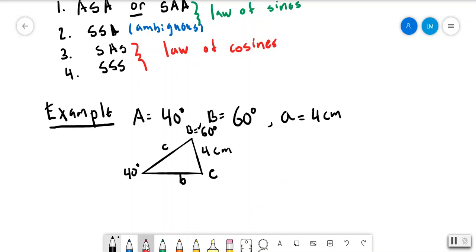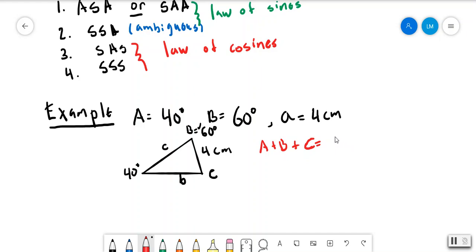But we can solve this easily by taking A plus B plus C is equal to, and I'll try to make my C's big enough so you can tell the difference. Some people use alpha, beta, gamma, but it's all the same.